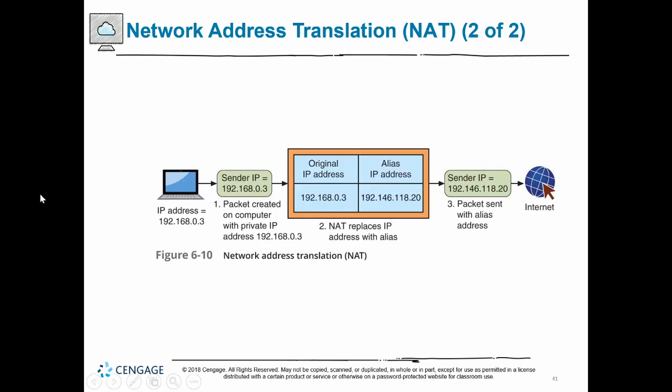Essentially, the 192.168/16 IP range is one of the ranges for a private IP address.